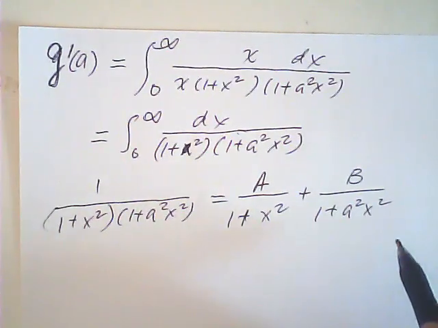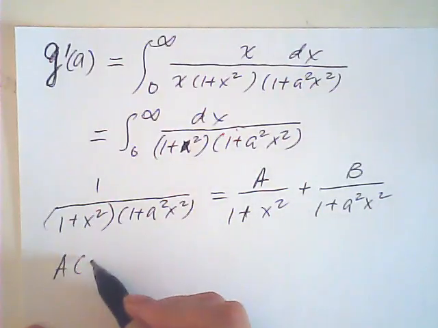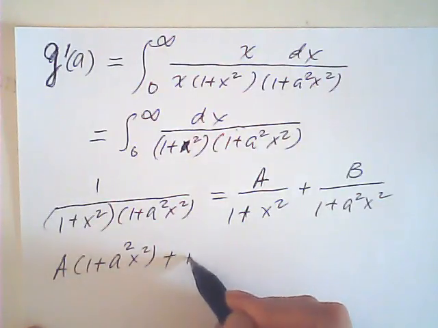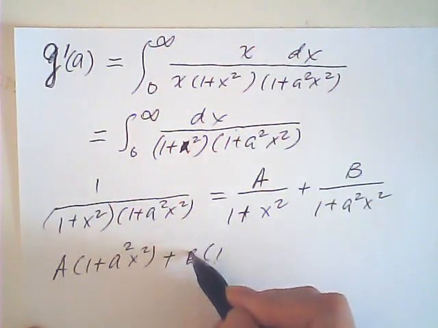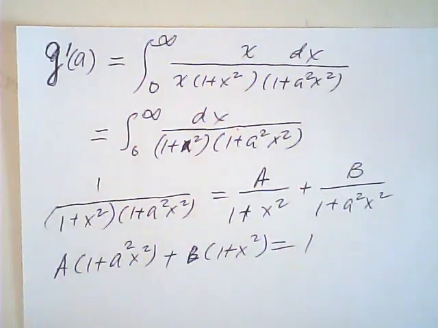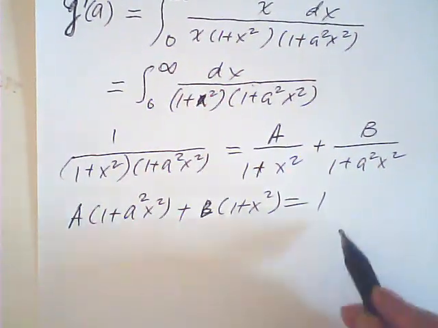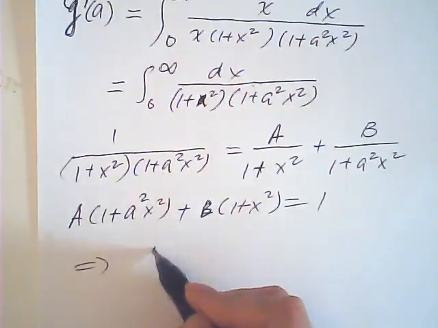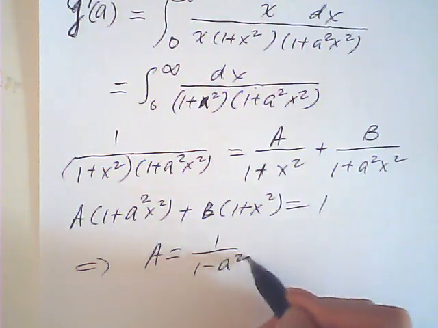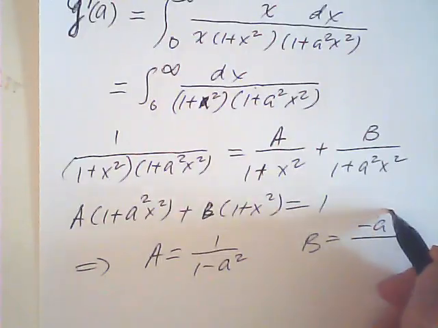Now then a times this one, plus b times 1 plus x squared equals 1, right? Then you can easily find that b is equal to negative a squared.